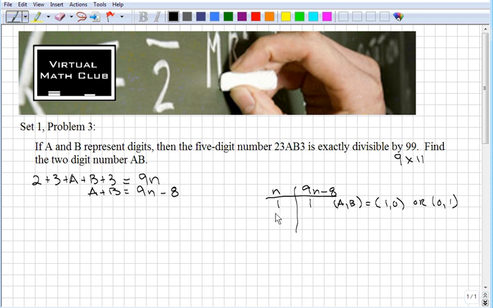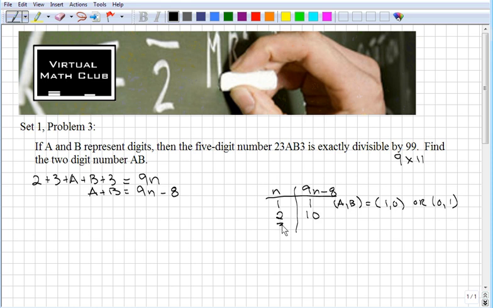Let's look at 2. If we plug 2 in, we get 18 minus 8, which is 10. And for 10, there are a lot of different possibilities for a and b that would add to 10. We could have 1 and 9, 2 and 8, 3 and 7, and so on.